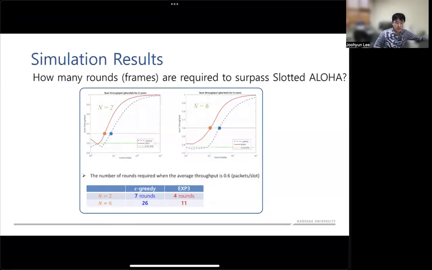But as time elapses, the sum throughput increases as the users learn the pure strategy Nash equilibrium strategy.